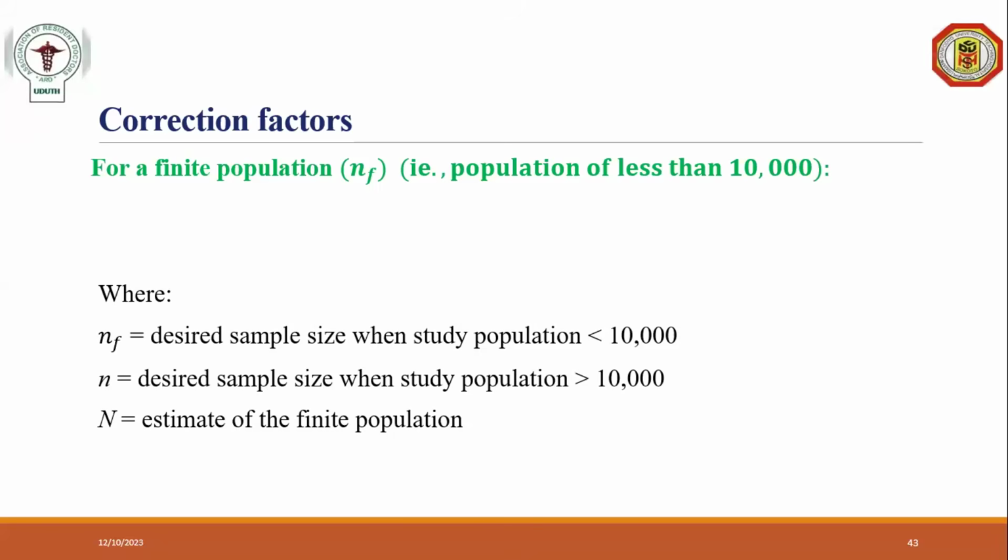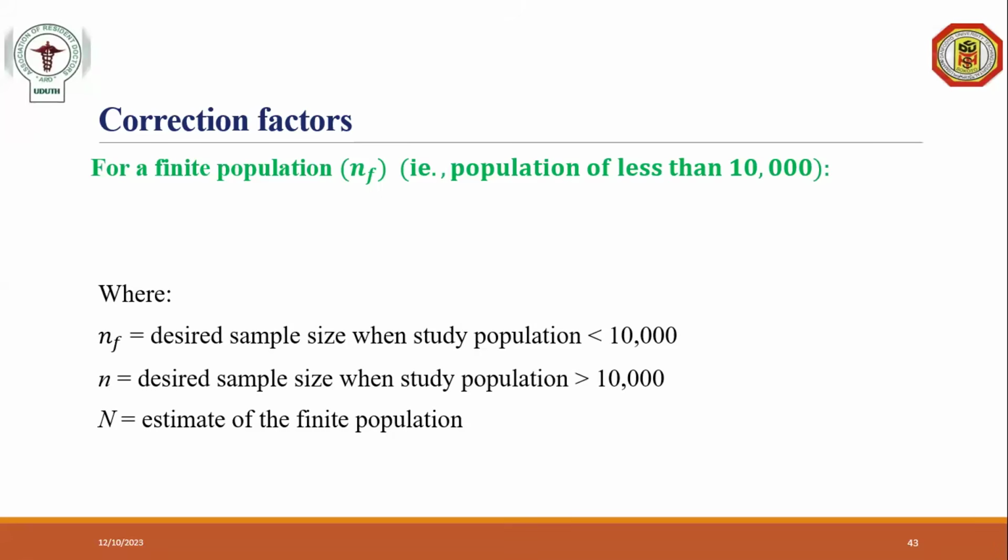So the formula: NF is equal to small n divided by 1 plus small n over capital N. I will say it again.